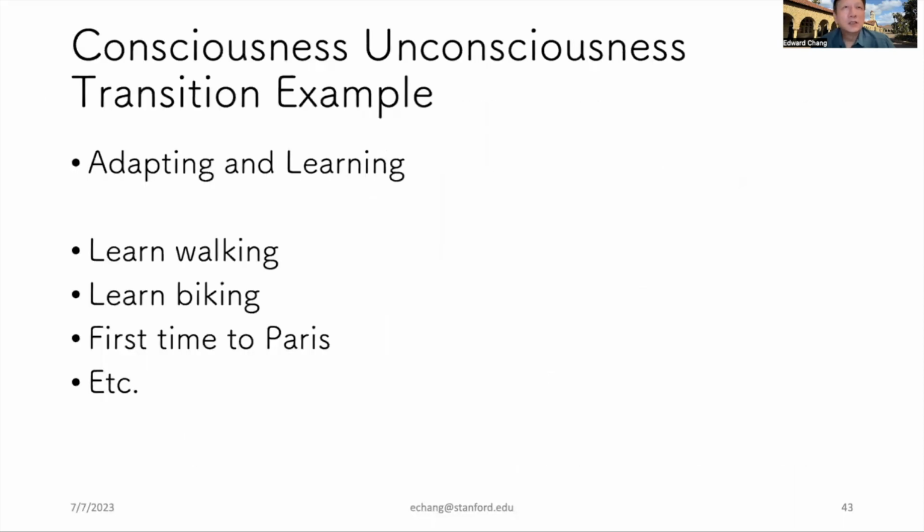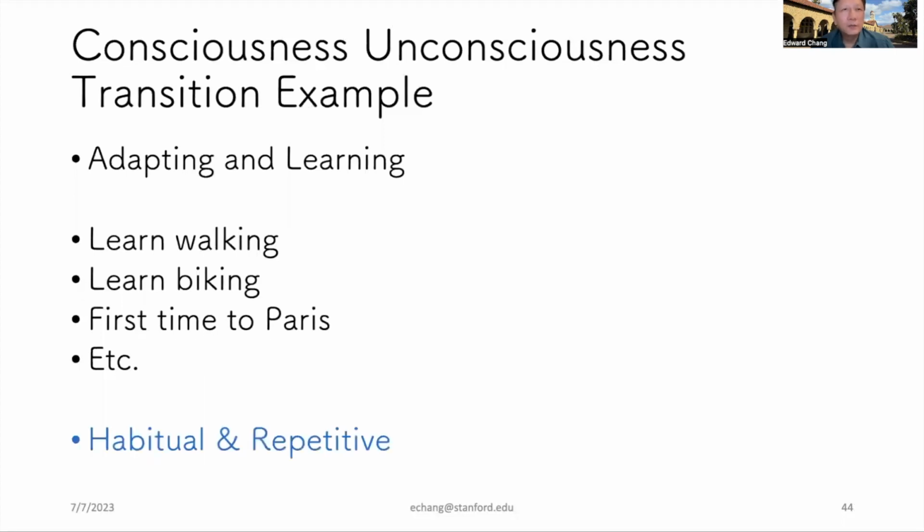Okay. So this is a very simple example to show how consciousness and unconsciousness interact. When we get into the conscious mode, it is because we have to learn something to adapt to the environment. For example, when we learn walking or biking as a child, or the first time you come to Paris and you are not familiar with the streets. Therefore, when we go to any place, we need to query other people or navigate with a map.